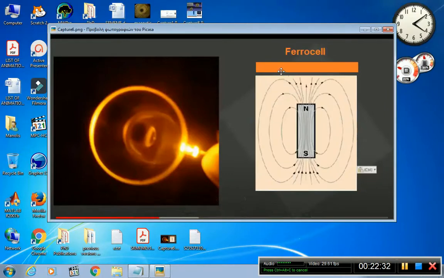So here is the ferrocell, and we have put a pole of the magnet under and perpendicular to the surface of the ferrocell. And what this represents going around is one loop of the magnetic field, which is attracted, all going here to the center of the pole.